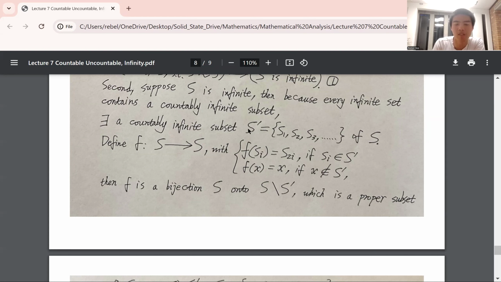Because it's countably infinite, we can denote it by S1, S2, S3, up to infinity. We can define another function f from S to S itself, such that if x is Si in this countably infinite S*, then f sends Si to S(i+1). If x is not in S*, then f(x) is just x itself.